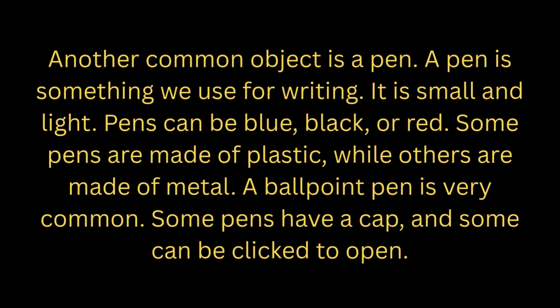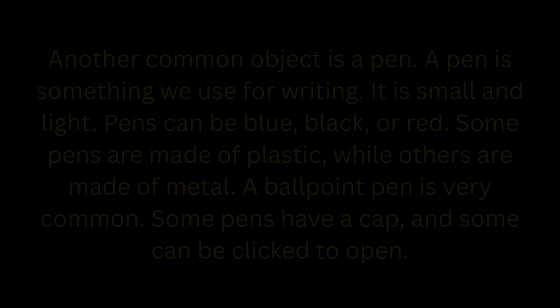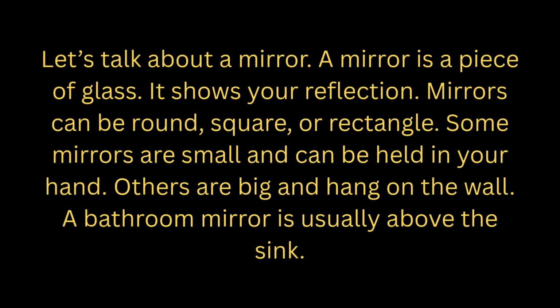Another common object is a pen. A pen is something we use for writing. It is small and light. Pens can be blue, black, or red. Some pens are made of plastic, while others are made of metal. A ballpoint pen is very common. Some pens have a cap, and some can be clicked to open. Let's talk about a mirror. A mirror is a piece of glass. It shows your reflection. Mirrors can be round, square, or rectangle. Some mirrors are small and can be held in your hand. Others are big and hang on the wall.